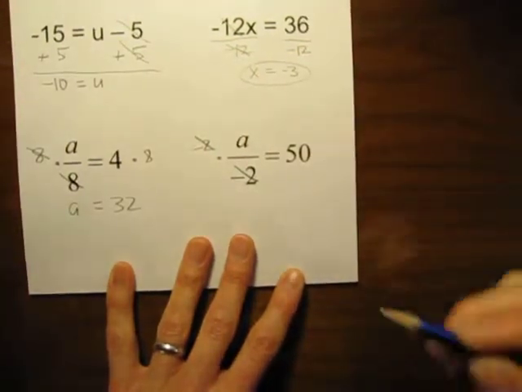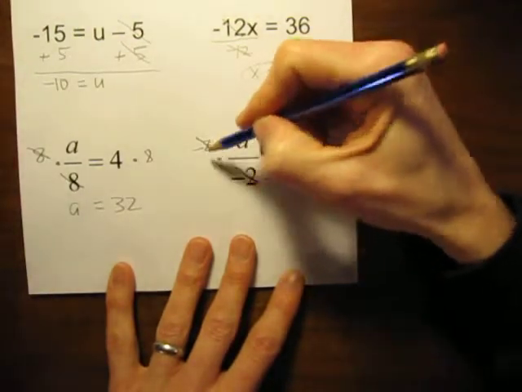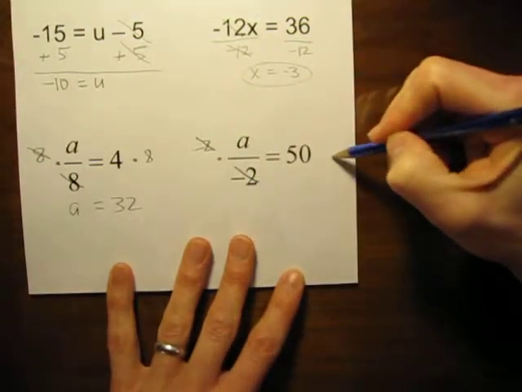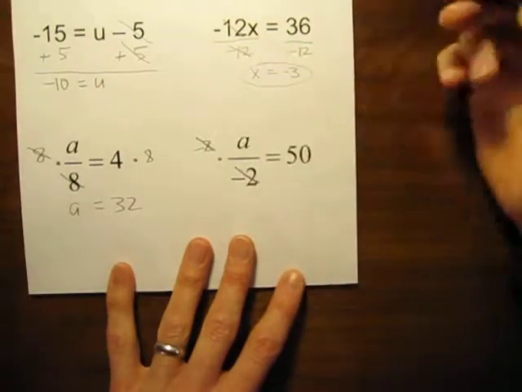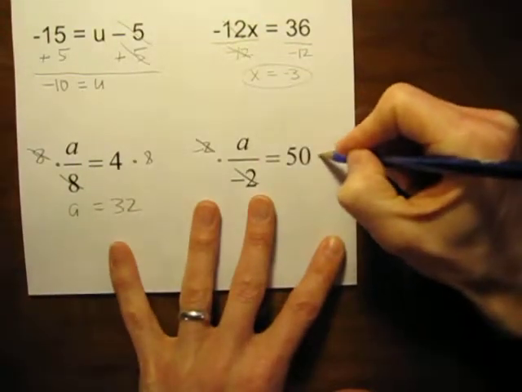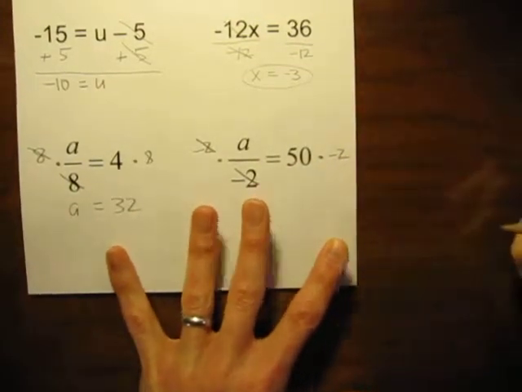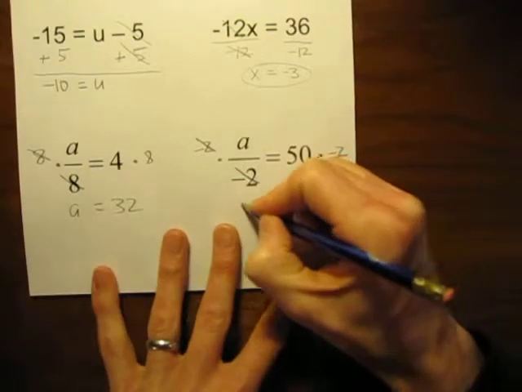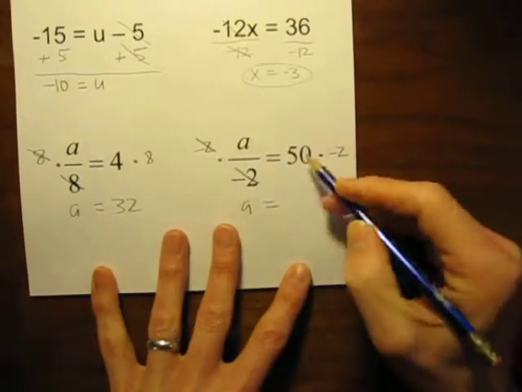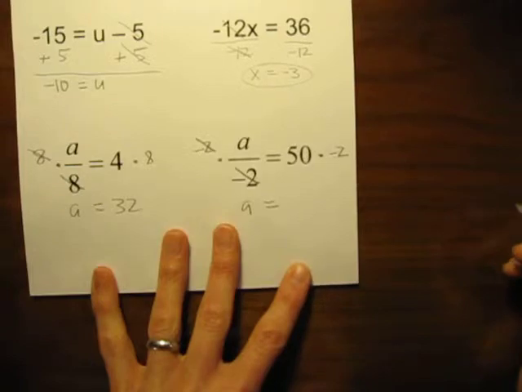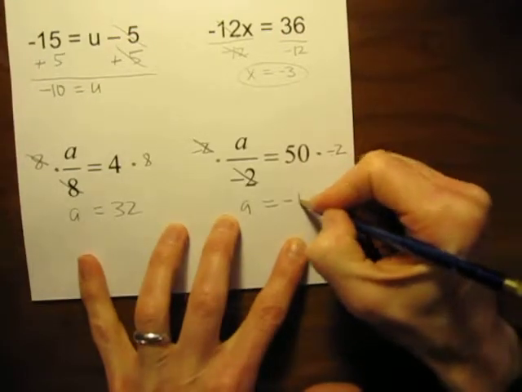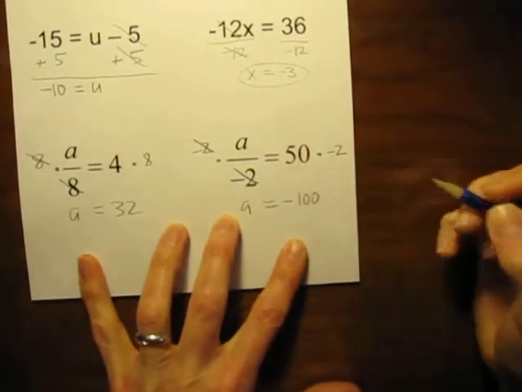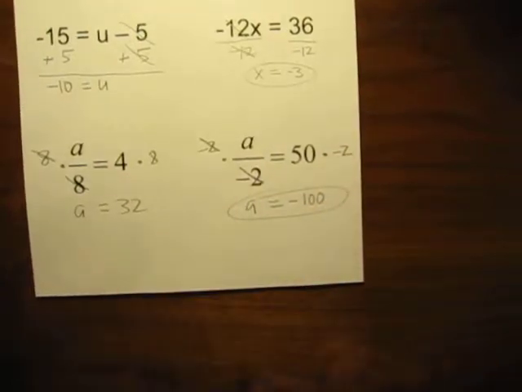They cancel out. Any change we make to the left, we have to make to the right side of the equation as well. So we will multiply by negative 2 over here. So a is equal to 50 times negative 2 is negative 100. So there's our answer.